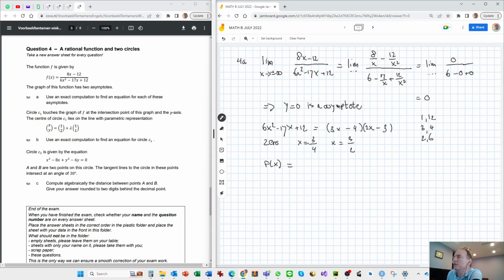So write it as 4 times (2x minus 3), divided by (3x minus 4) times (2x minus 3).